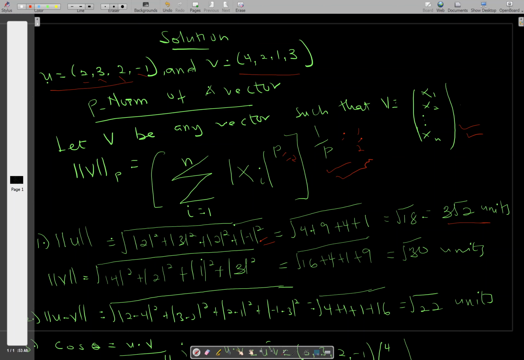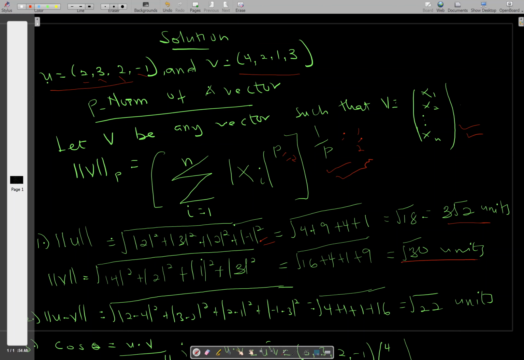The same thing applies to the norm of v. That's the absolute of 4 squared plus the absolute of 2 squared plus the absolute of 1 squared plus the absolute of 3 squared, to the exponent half. When you simplify it, you get root 30 units.